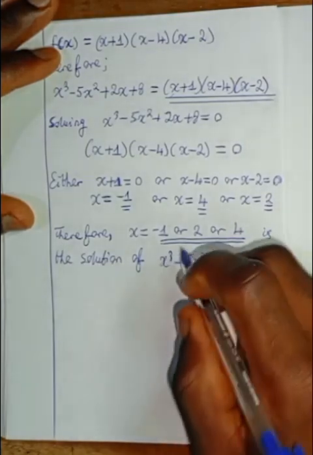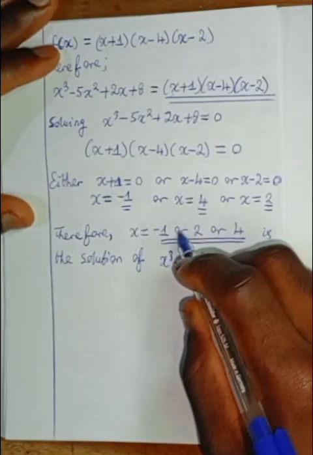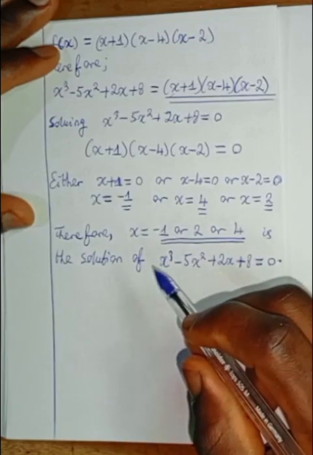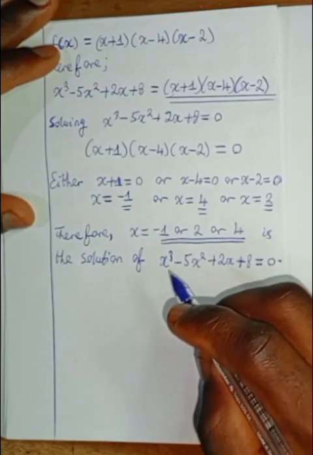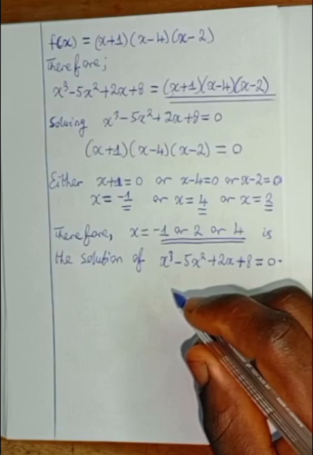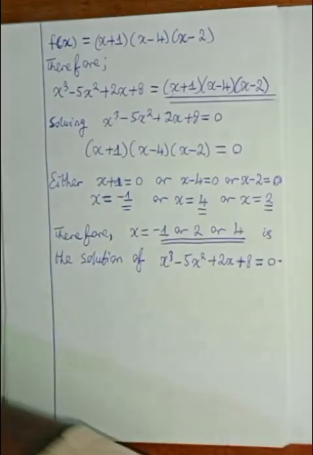The reason why we are making use of or is simply because x cannot take two values at the same time. Now we are going to end by taking down exercises for application on this.